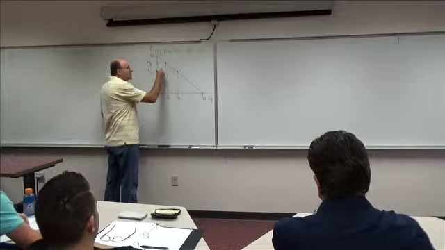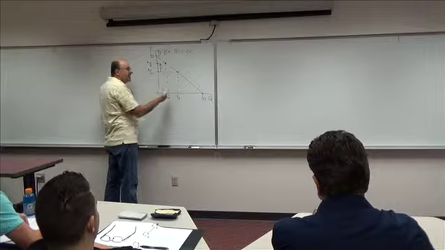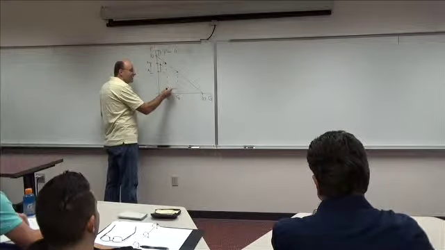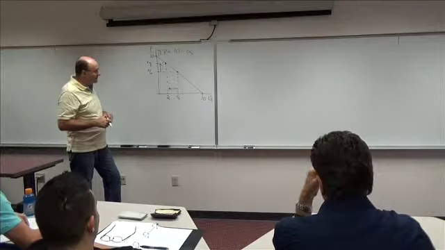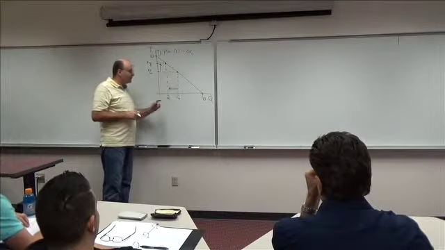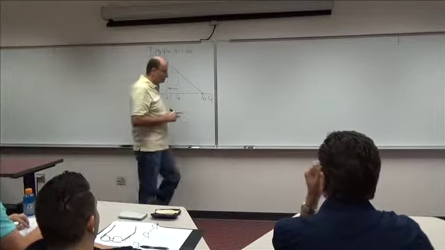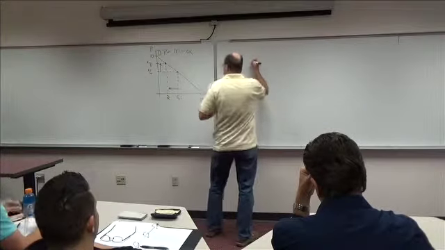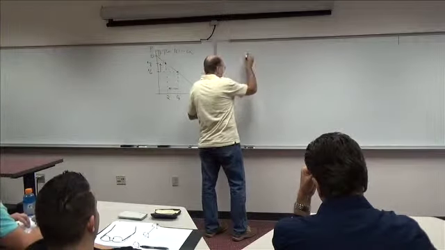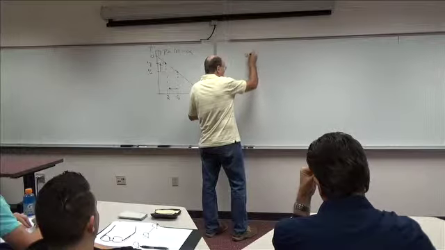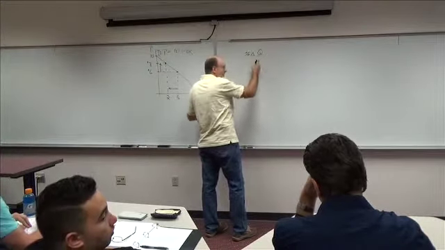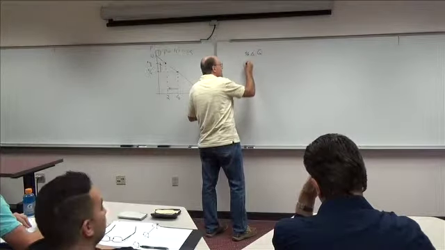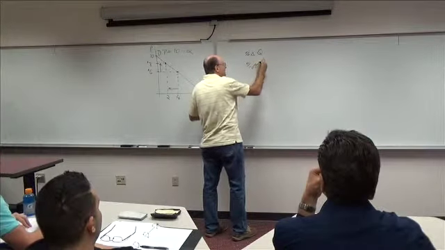Let's say the price goes up from $6 to $8, and quantity demanded responds by falling from 4 to 2. So let's first find the percentage change in quantity demanded, and let's find percentage change in price.